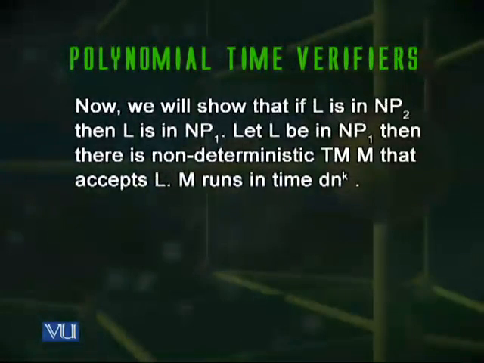Now let L be a language in NP2. What we want to show is that L is in NP1. So L is in NP2. That means there is a non-deterministic Turing machine that accepts this language L, and it runs in polynomial time, say d times n to the k.